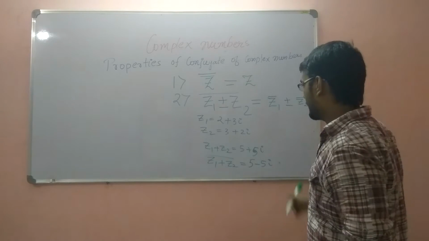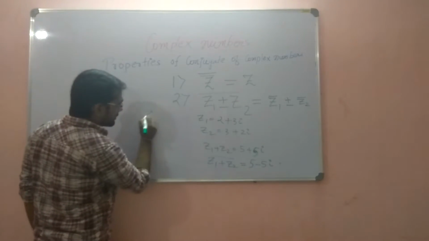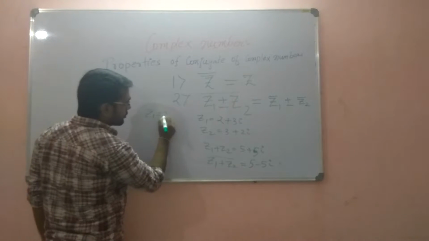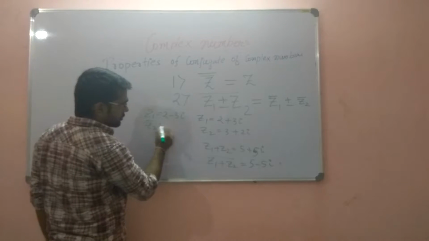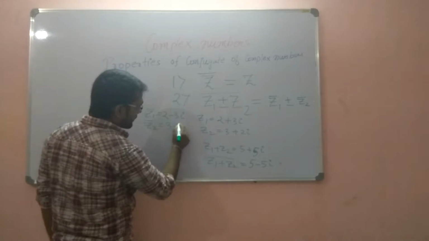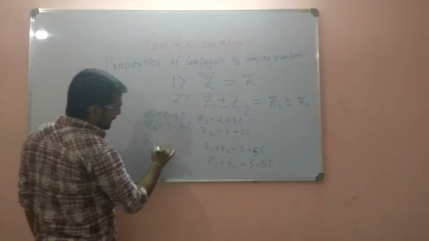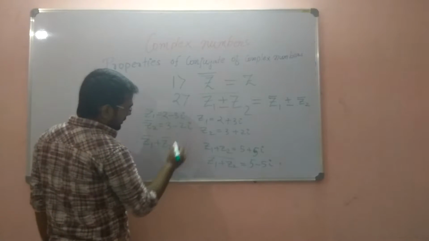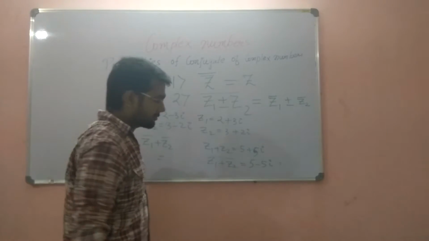That is what the property suggests, right? So we will take the individual conjugates. So z1 bar equals 2 minus 3i and z2 bar equals 3 minus 2i, right? So if we take the addition of the individual conjugates, then we are going to get the same result.